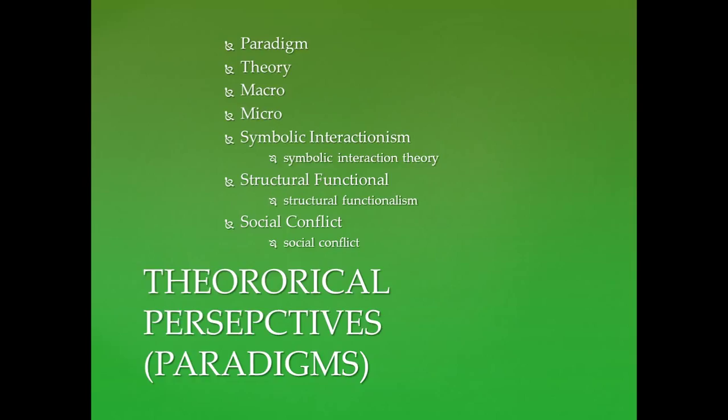When we talk about a micro level perspective, we're talking about individual interactions, a more detailed, smaller scale perspective in how you're going to discuss how and why facts about the world or society relate to each other. So a paradigm, again, is our broad perspective or interpretation.